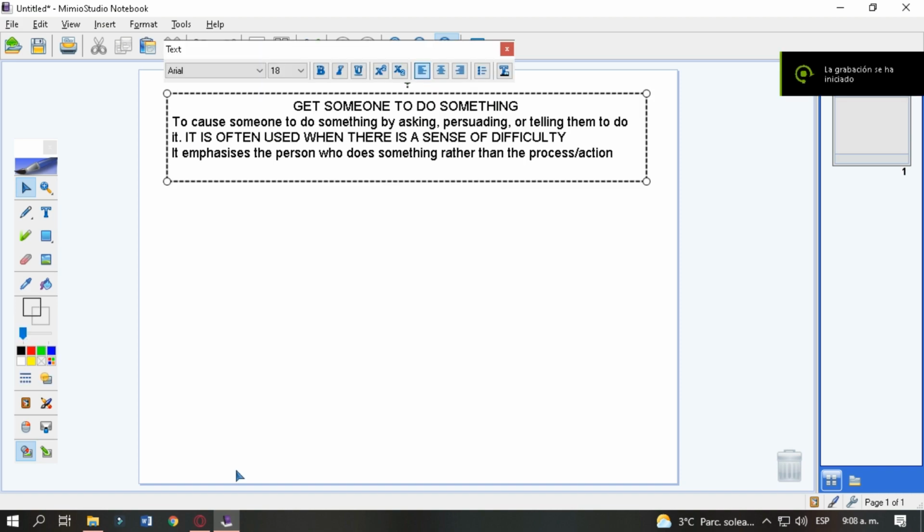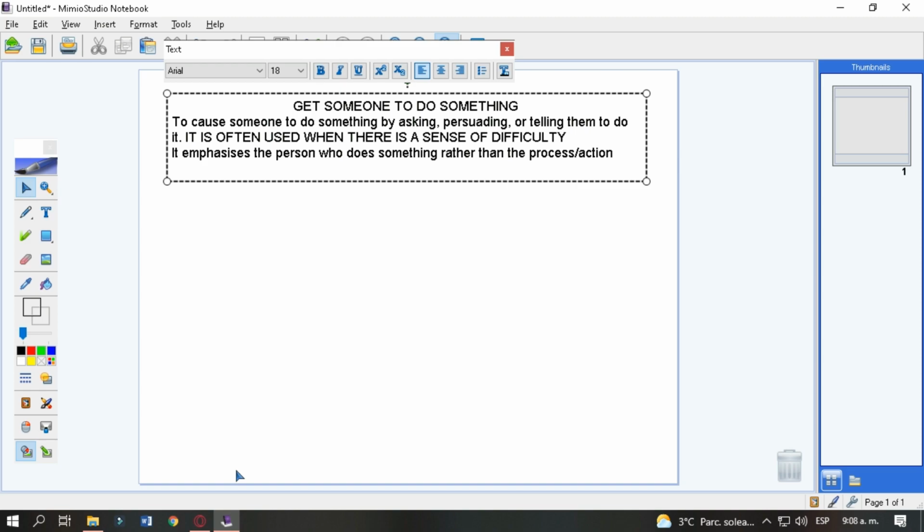Our first verb is get. We get someone to do something. We make someone perform an activity by asking, persuading, or telling them to do it. When we use get, we want to give the idea that the action is difficult.